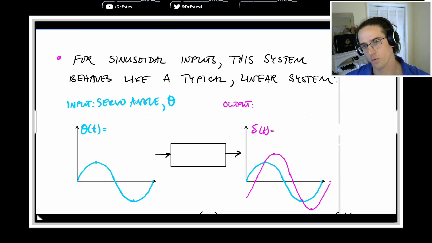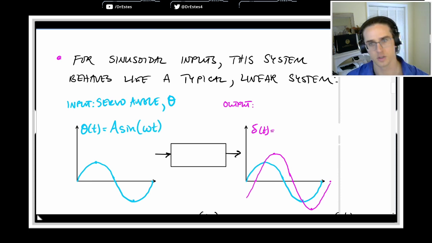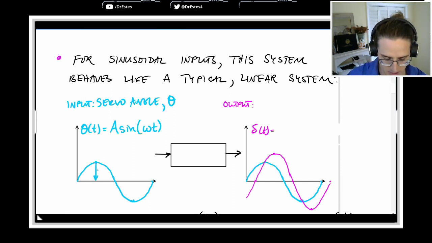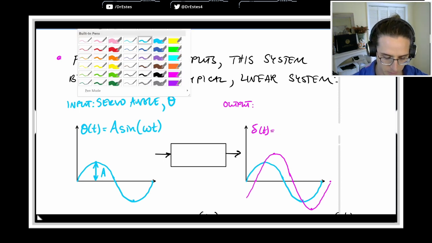So what you can do is you can run this at different frequencies. Just have the servo motor pan back and forth and see what the beam does. So this is just a sinusoid. So this is the definition of the amplitude. You guys are familiar with that.